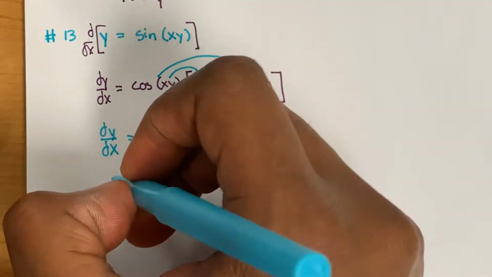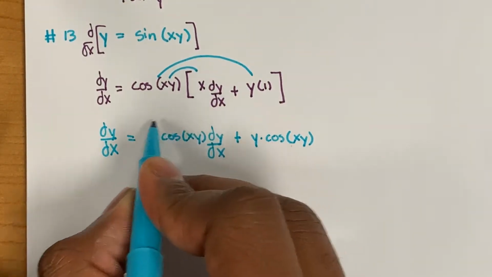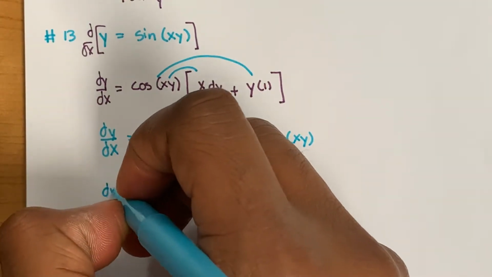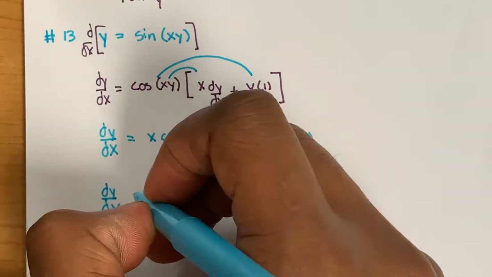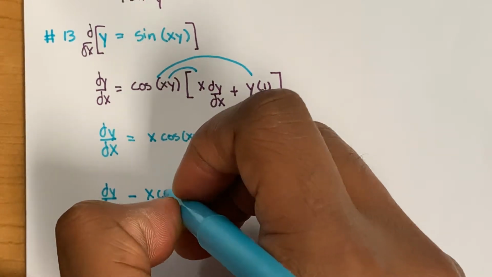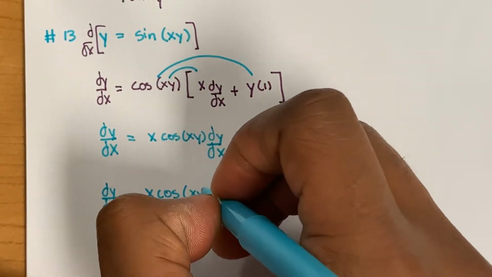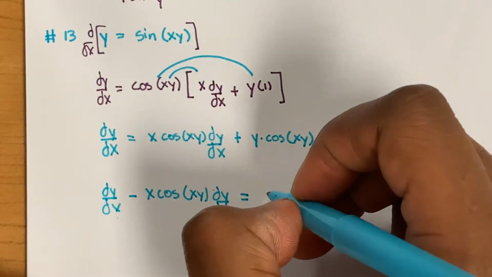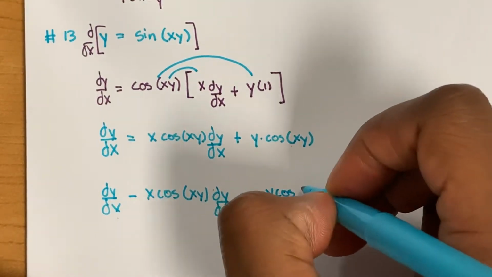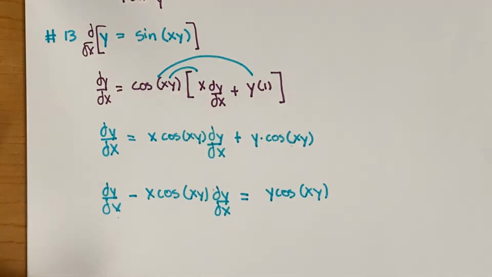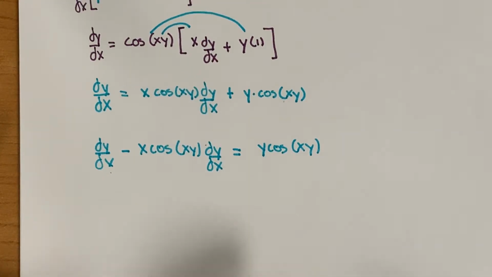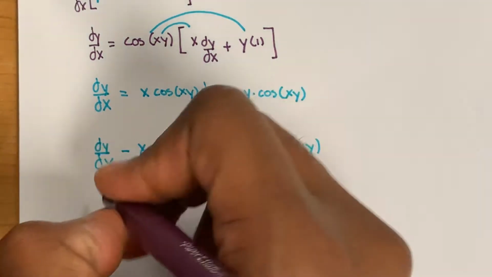We subtract dy over dx. We're going to subtract this term to the left. So we get dy over dx minus x cosine xy dy over dx equals y cosine xy. And then we will factor out the common factor of dy over dx.